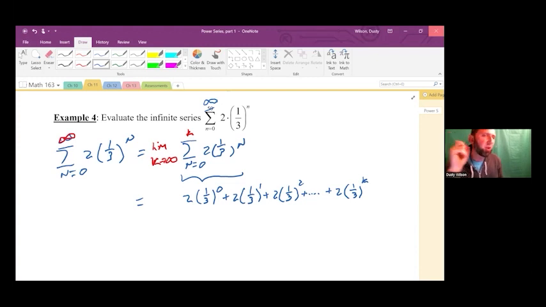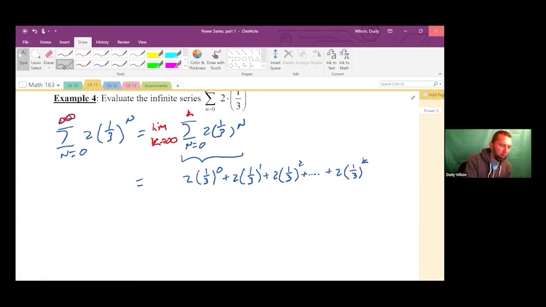At this stage, we're going to play one of the famous math games. We're going to take this whole quantity and multiply it by 1. Of course, that's not going to change anything. But we're going to multiply it by a special one that's going to have some cool characteristics.